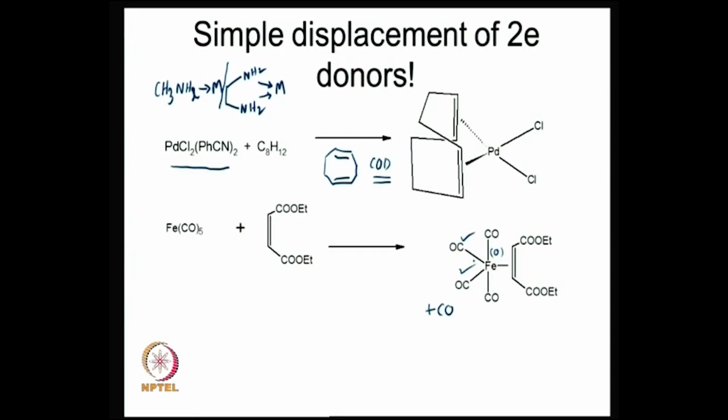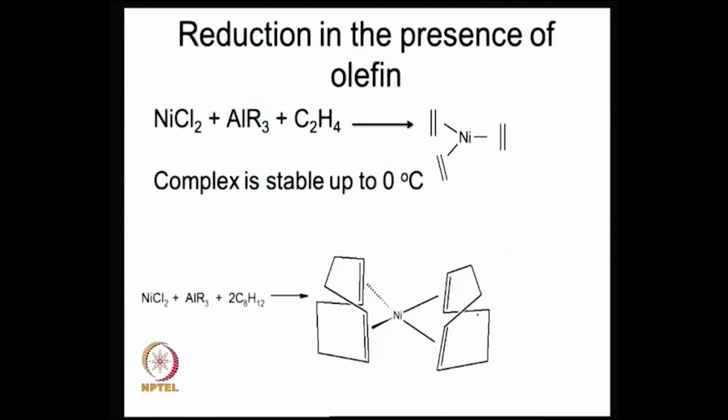So, you are replacing one pi accepting ligand by a weaker pi accepting ligand. This again is a general principle, and we have managed to do this in this instance with this diethyl maleate, which is a good ligand for replacing the carbon monoxide.